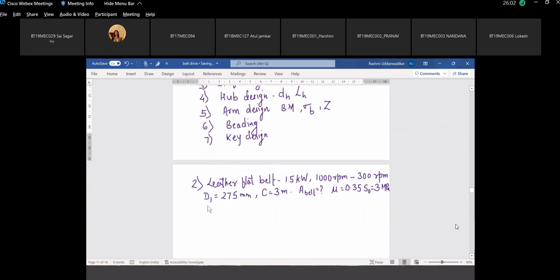And the density of the belt material is given as 0.9. Also calculate the initial tension Ti. If this initial tension is reduced by 20%, determine the power transmission capacity.